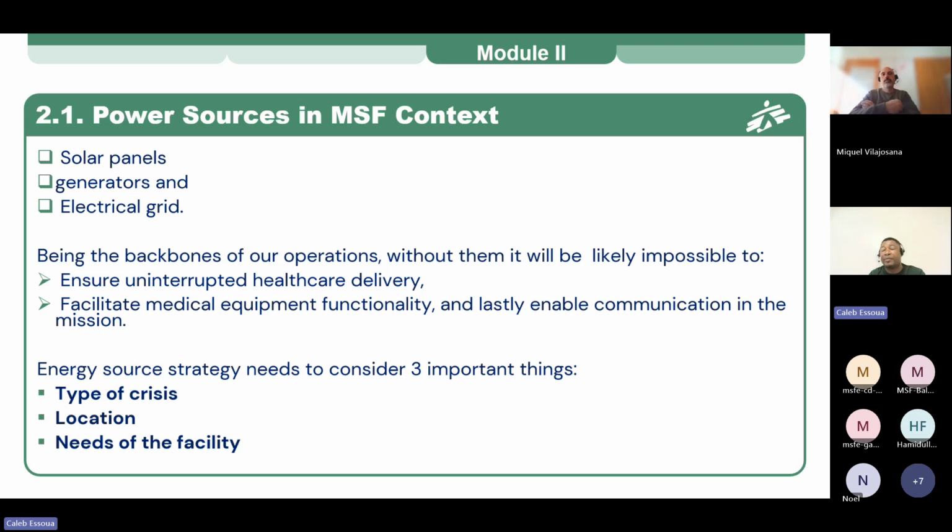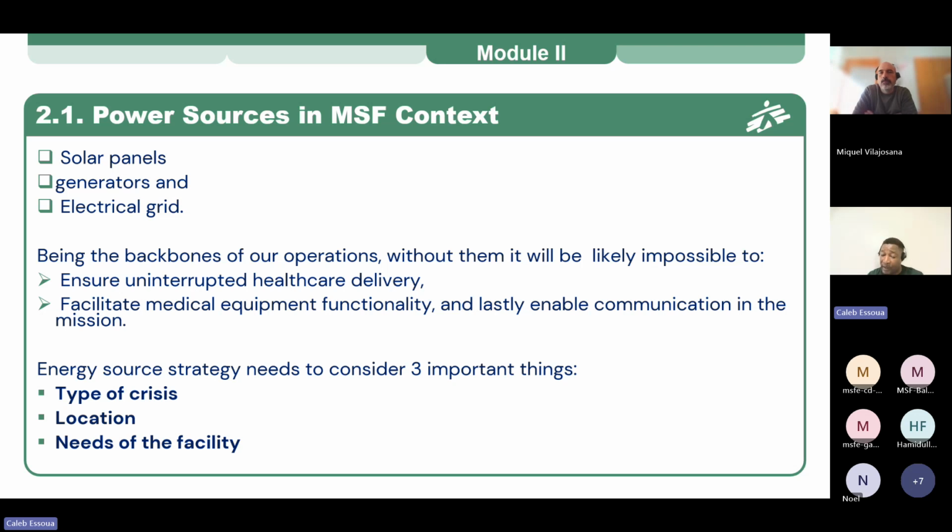You bring your generator, but you cannot get the fuel to run it. It's the same thing if you want to install a solar panel: you have to make sure that the irradiation in this location is good enough for a proper production. If not, you just buy the panels, but you waste money. So these are things you also have to analyze before you choose any power source.